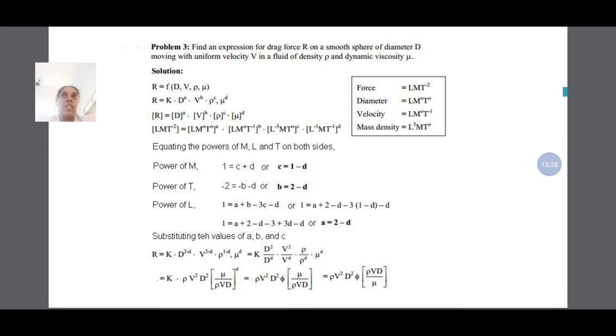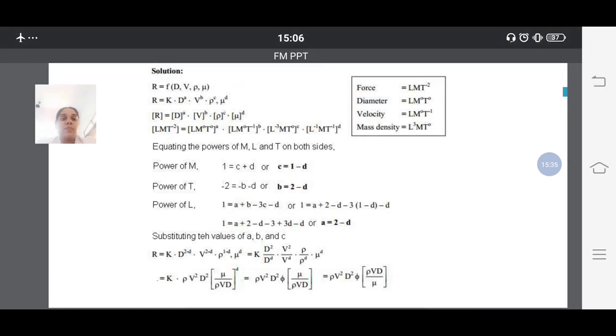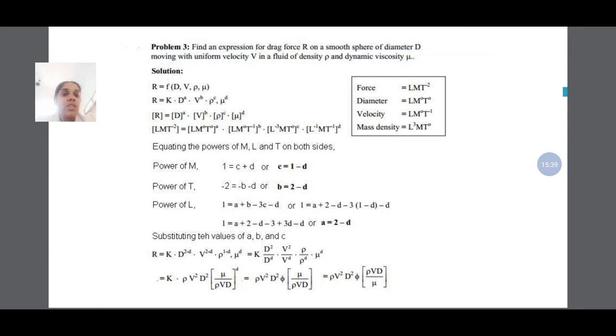From ascending order we can write this term as rho into v squared into d squared into mu divided by rho v d to the power of d. Here we have d as a common power for all, so we put mu divided by d v rho to the power of d.